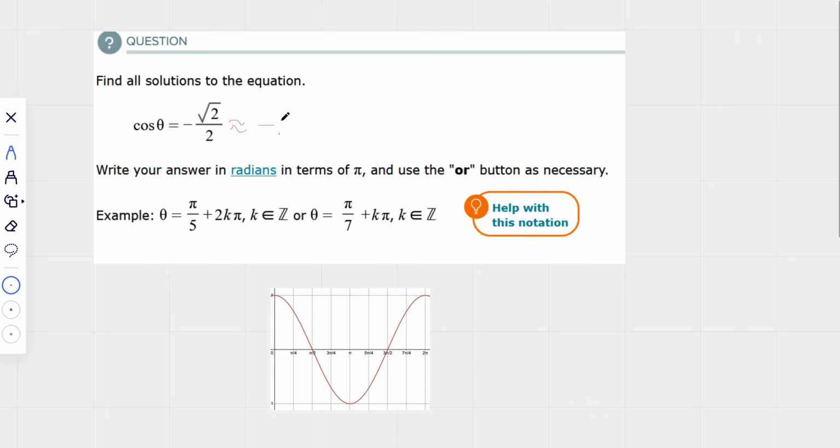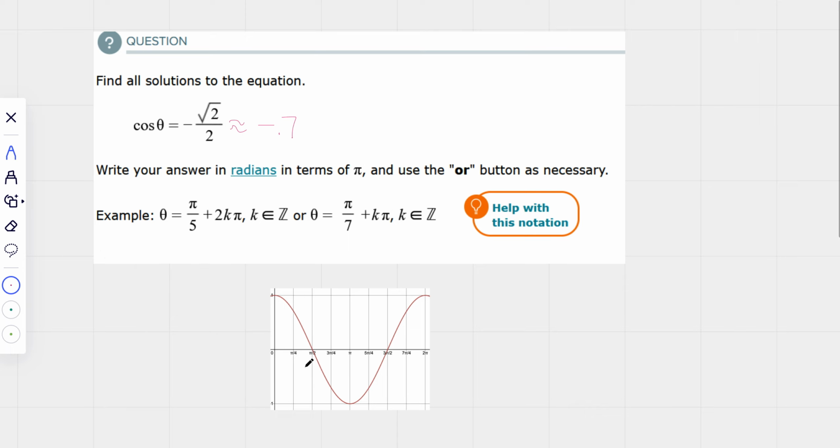You would probably know this from your use of the unit circle. That's going to be at 3 pi over 4 up in the second quadrant and 5 pi over 4 in the third quadrant, where the x value is negative square root of 2 over 2.